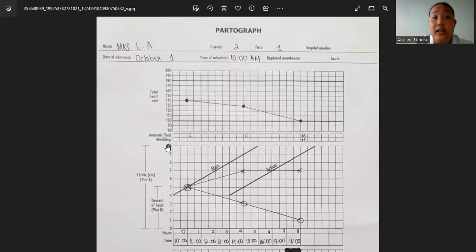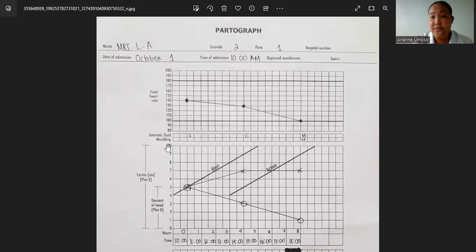If the bones are separated and sutures are felt easily, record 0. If the bones are just touching each other, record 1 plus. If the bones are overlapping, record 2 plus. And if the bones are severely overlapping, record 3 plus.